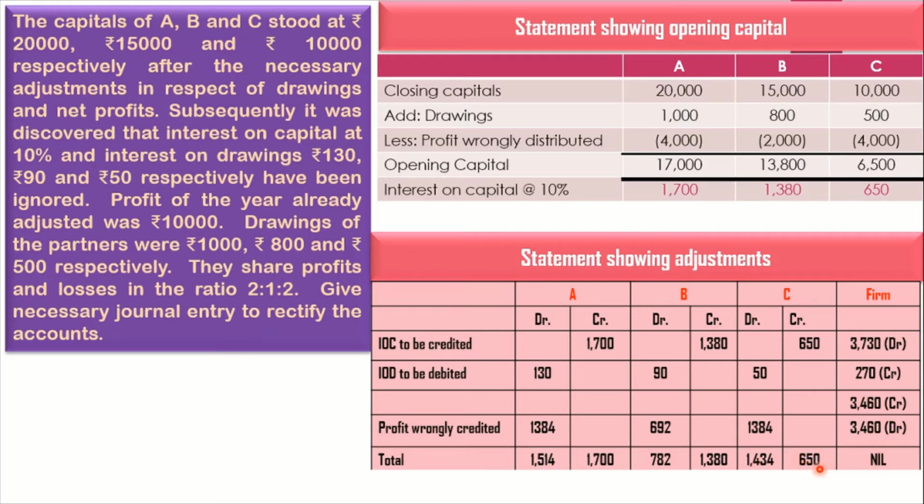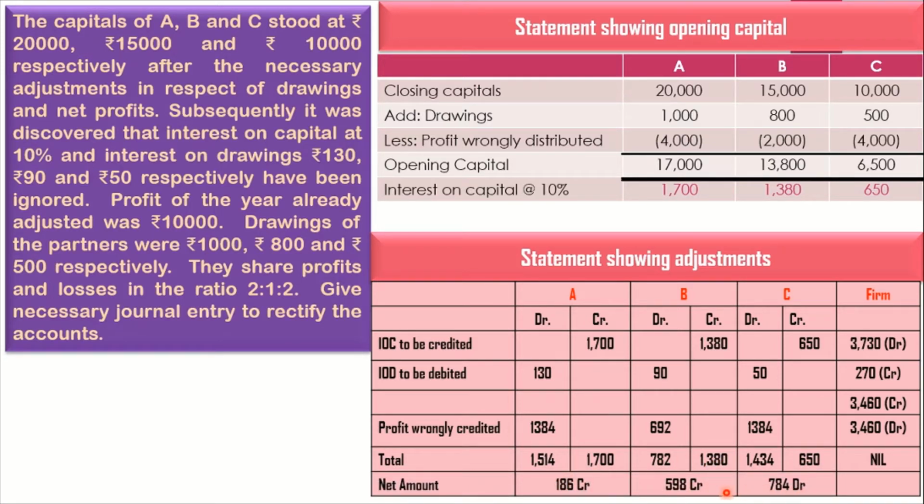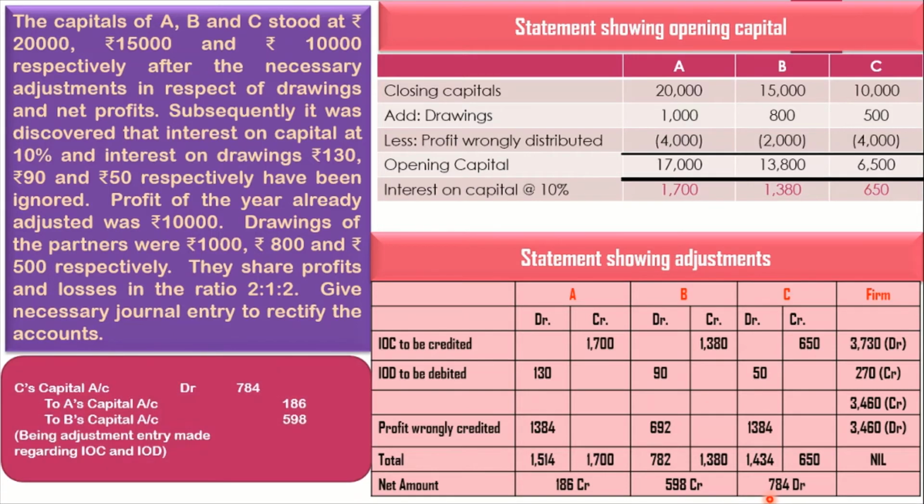There is no role of the firm here, and now I'm going to take out the difference, which will be the net amount. How have I written credit and debit? Whichever is more. Here the amount is more, so I marked it credit. Here also the credit is more, and here the debit is more. So who is going to be debited? C is going to be debited. So my final journal entry is C debit with 784, A debit with 186, and B debit with 598. So this is the point.